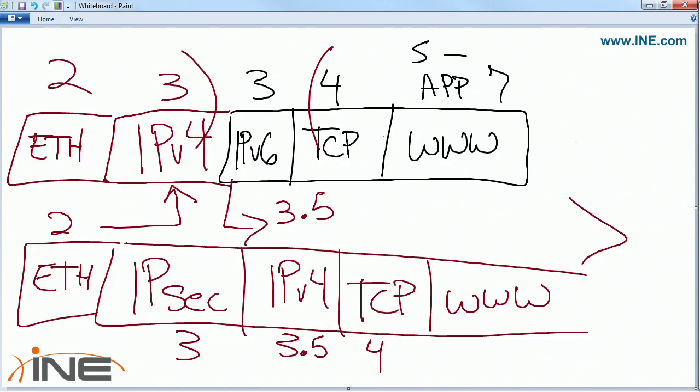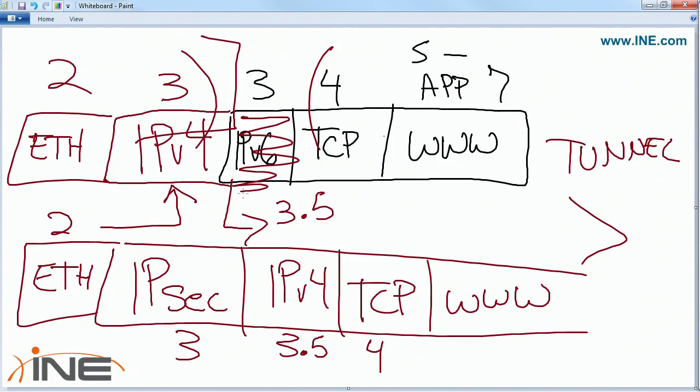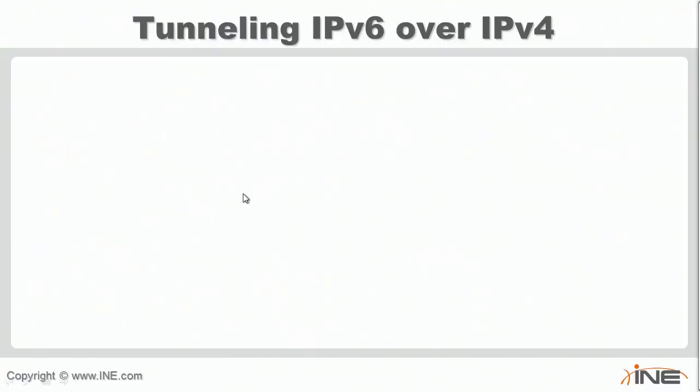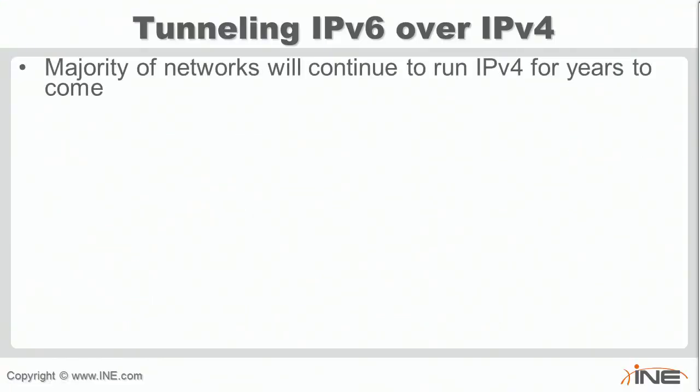Both of these would represent different types of tunnels, where a tunnel basically means that the devices that are transporting the data don't need to know the details of what's inside. So we're adding extra layers of encapsulation in order to hide this from them. In the case of IPv6, there's a couple different ways that we can do this.